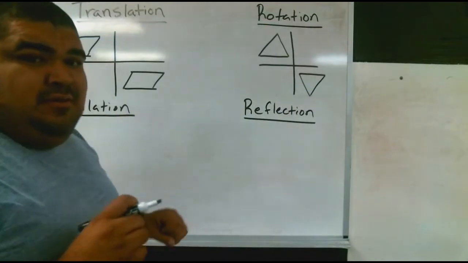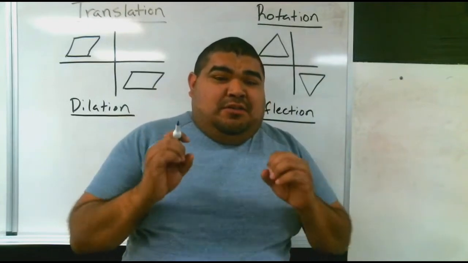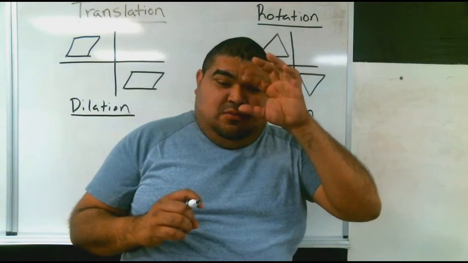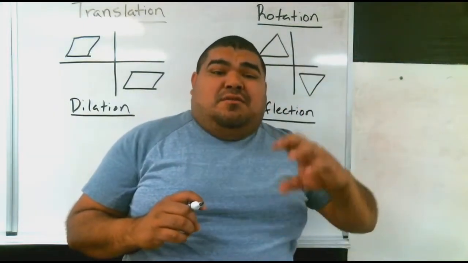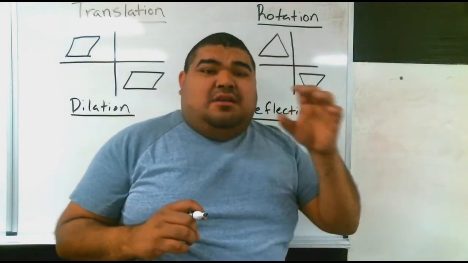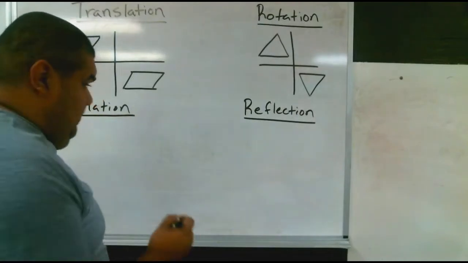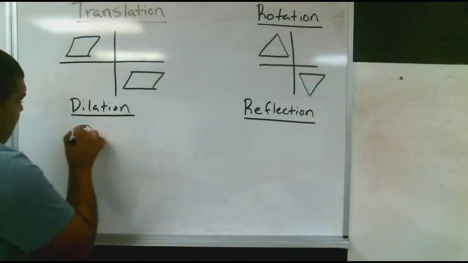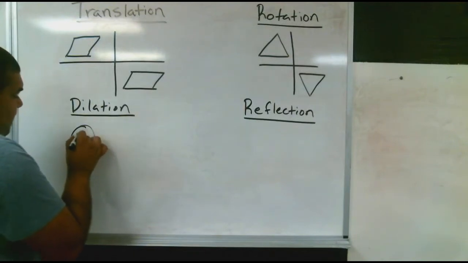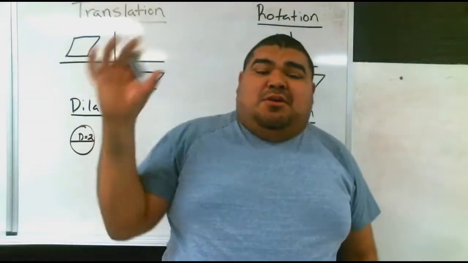Dilation, think of when you're in the darkness and you go into the light. If you look in the mirror, your eyes go from little to big, or if it's the opposite, from the light to the dark, they go bigger. Now, for dilation when it comes to shapes, if I have a circle that has a diameter of 2, and I dilate it, I'm going to either make it bigger or smaller.